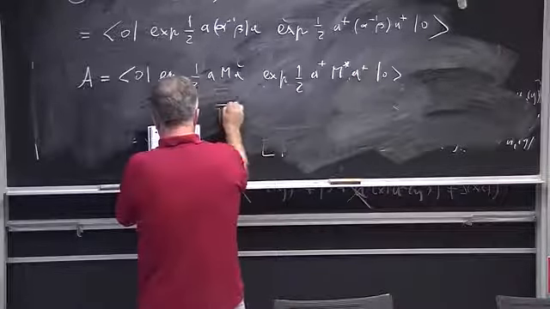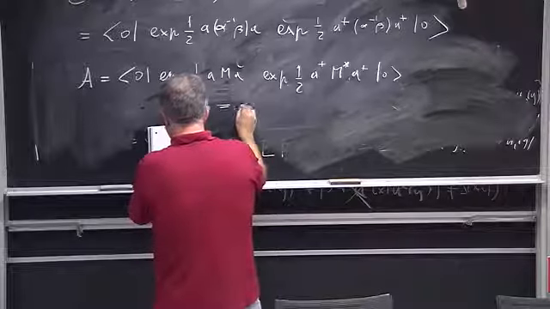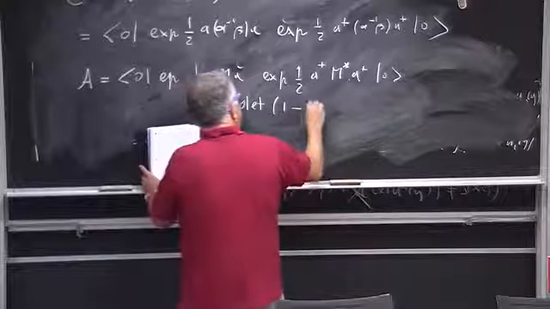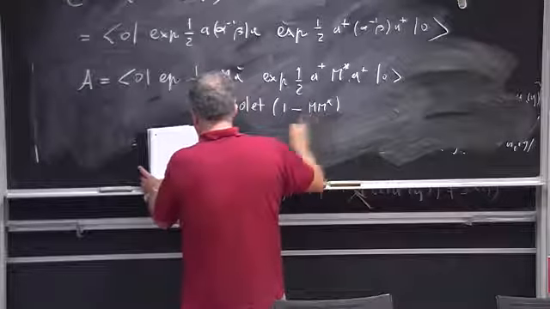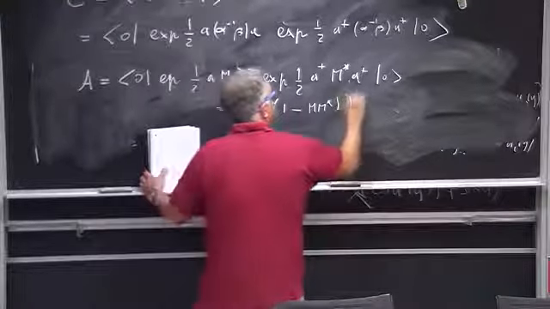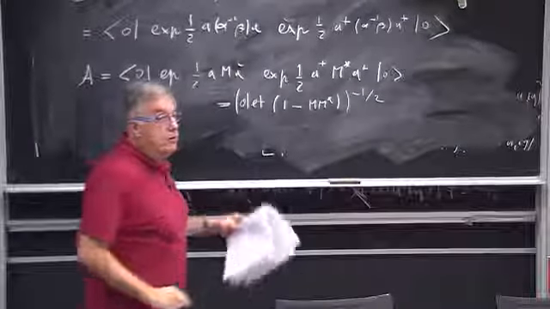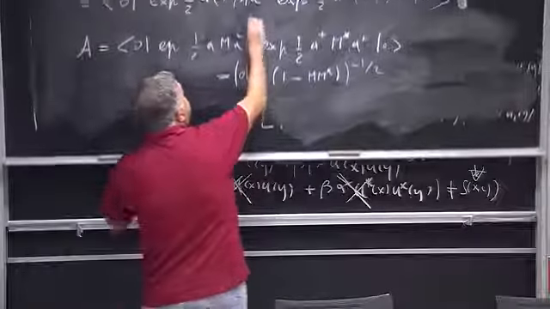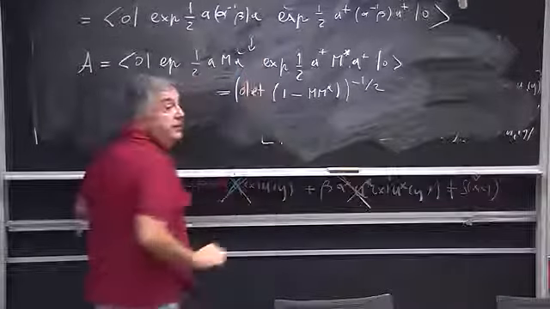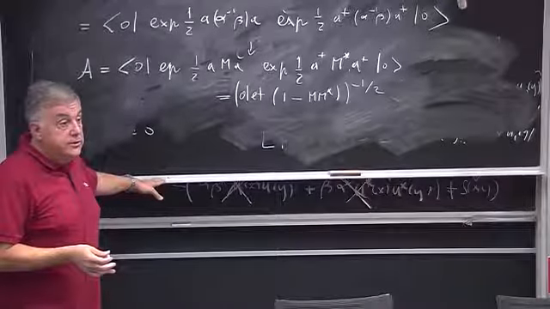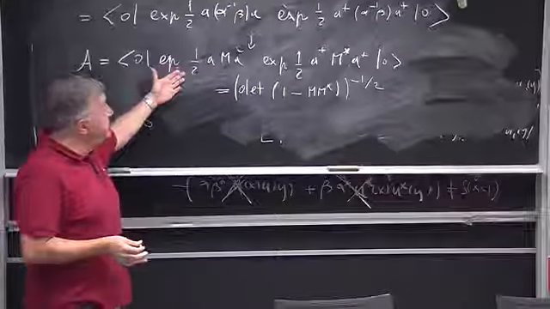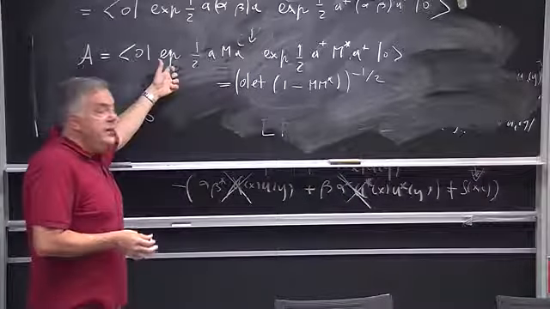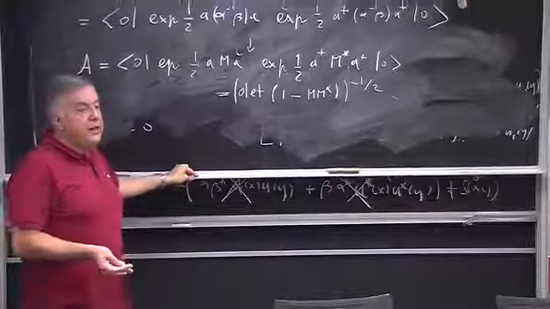This is the determinant of 1 minus M star to the minus 1/2. This is the result. How do you prove it? Insert here a resolution of the identity in coherent states. And then you reduce this operatorial identity to Gaussian integrals.